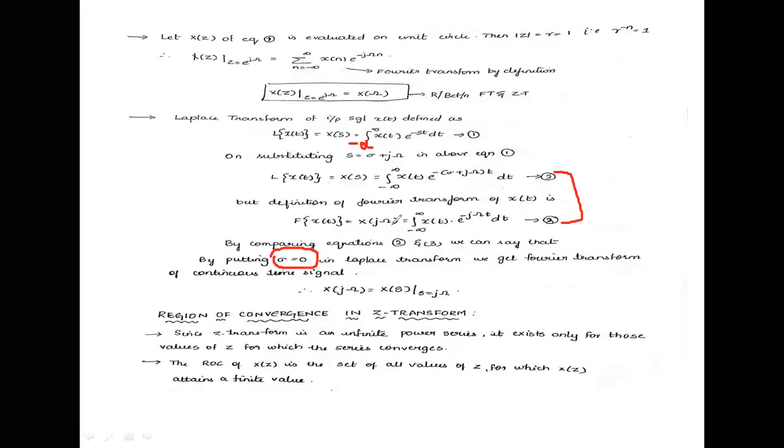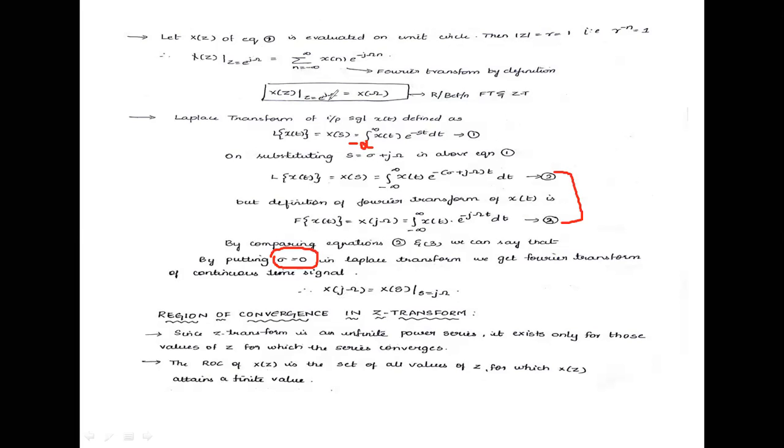So the Laplace transformation is converted into the Fourier transformation. In the Laplace transformation X of s, s equal to j omega is equal to the Fourier transformation.